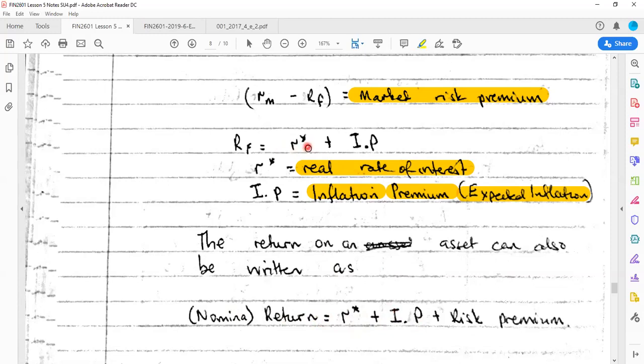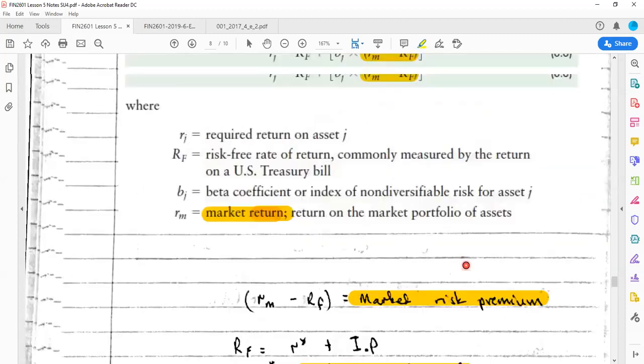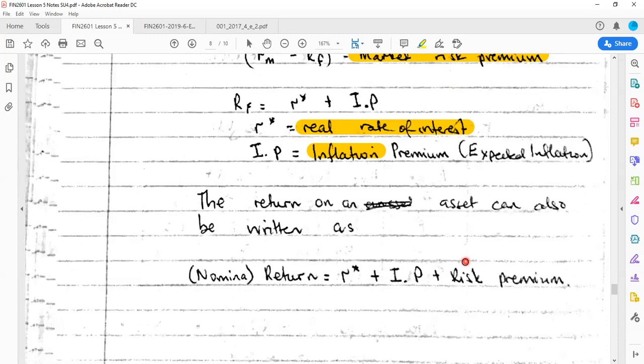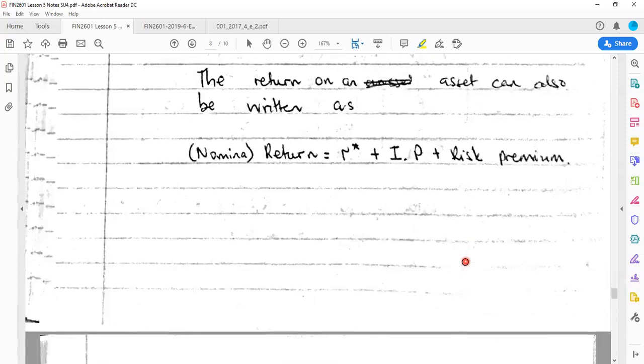If we write it in terms of the real rate of interest and the inflation premium, the nominal return on the asset is given by R star plus IP, the inflation premium, plus the risk premium. So this is the calculation for what we call the nominal return. These equations can be a bit daunting, but the more you practice with them, the more you become familiar with them.